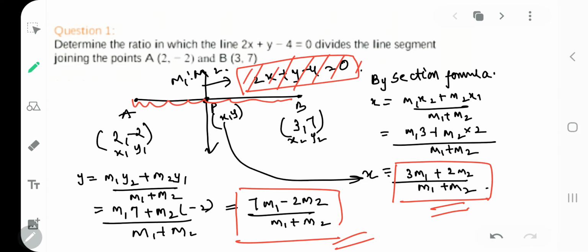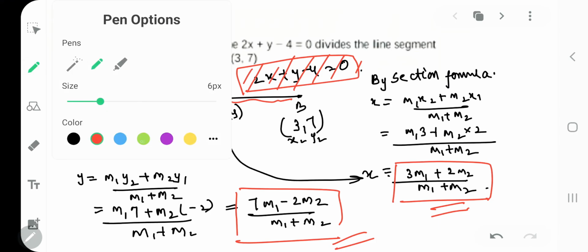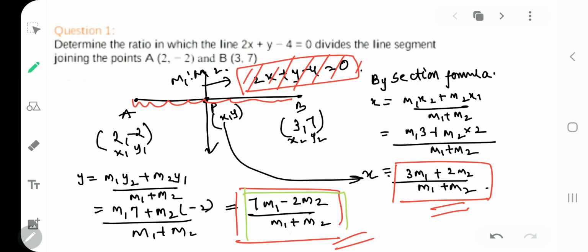That means, my dear kids, you have to put in these values of x and y, which we have just got, into this equation 2x + y - 4 = 0. Okay, let's see. I'll just erase this part.